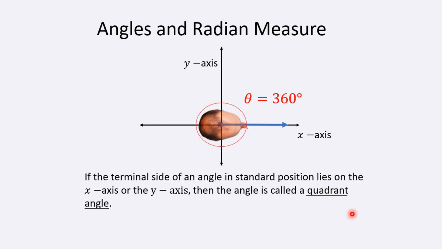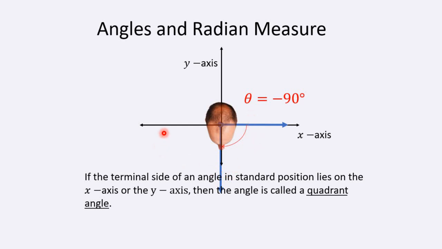But those aren't the only quadrant angles. They're not just positive. If you continue beyond 360 degrees, another 90 degrees, you'll get to 450 degrees, and that's another quadrant angle, and you can keep going. Or you can also go negative. If you go clockwise, negative 90 degrees, notice the terminal side is along the negative y-axis, so that's a quadrant angle.